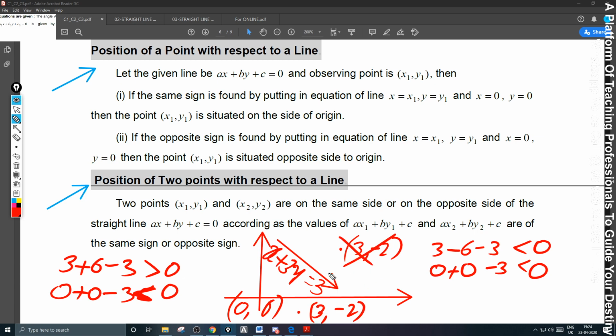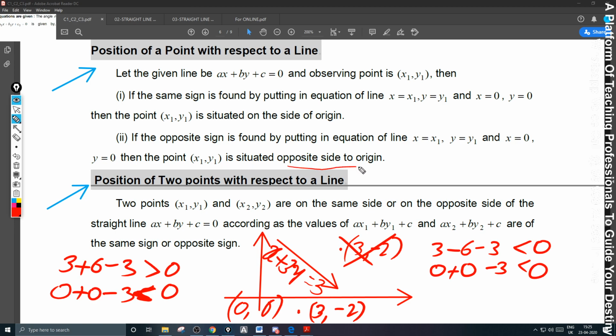So if you are getting opposite signs, obviously they lie on opposite sides. If you are getting the same sign, they lie on the same side of the line. This is the concept. If the same sign is found by putting x1, y1 and 0, 0 in the line equation, they are situated on the same side of the line. If the opposite sign is found, then x1, y1 is situated on the opposite side.